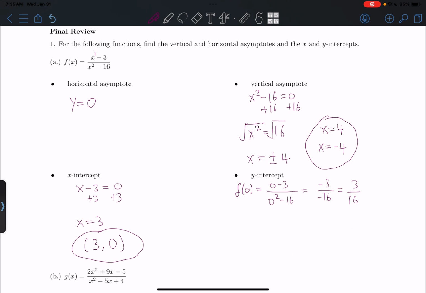Same idea though, you cannot write it as an equation, you have to write it as a coordinate. This time, because I'm talking about the y-intercept, x is 0, and y is whatever number that you got. Okay, that's how you tackle all four of these parts of the question.